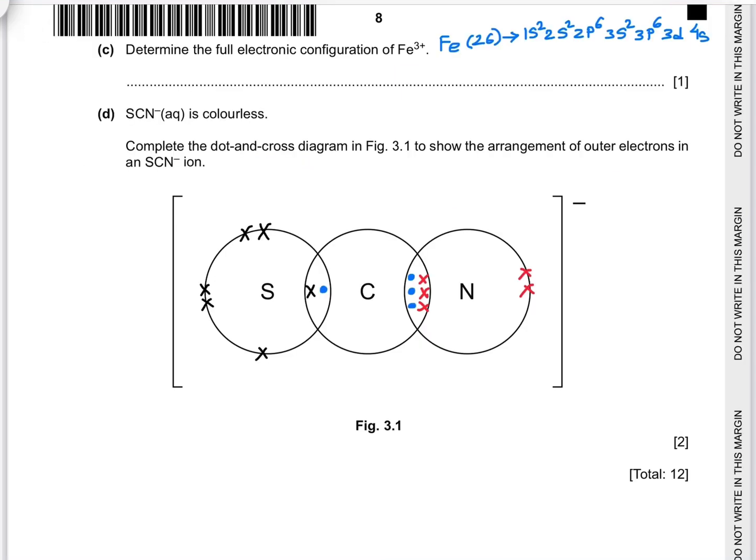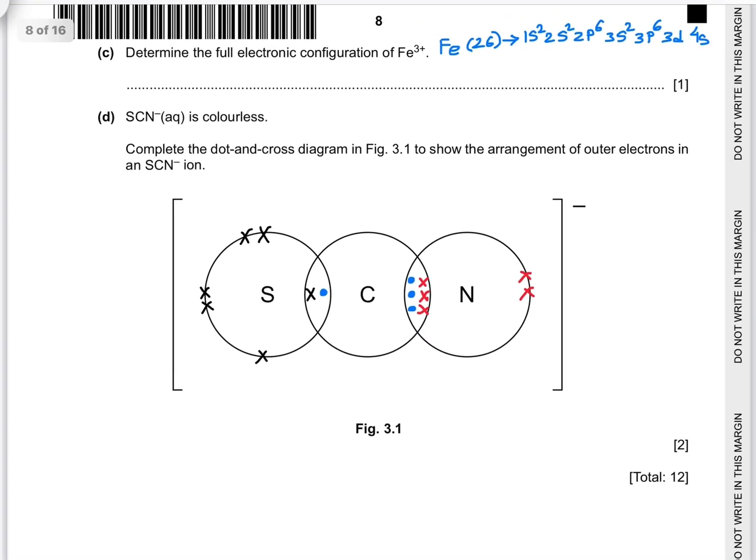Now, see, determine the full electronic configuration of ferric ion. We know the atomic number of iron is 26. So we can write 1s2, 2s2, 2p6, 3s2, 3p6.